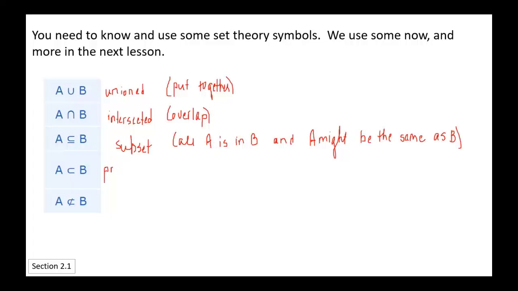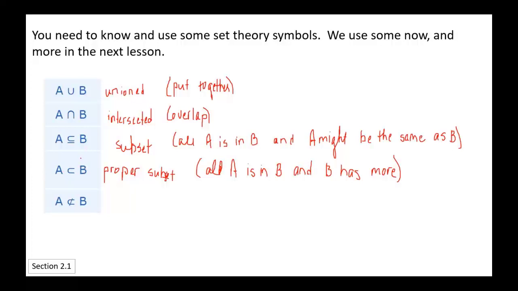Here, this one is a proper subset. Oh, I left off my S. Subset, and it means that all of A is in B, and B has other things too. And I'm just going to say, and B has more. Because a proper subset then is indicating that they're not equal.